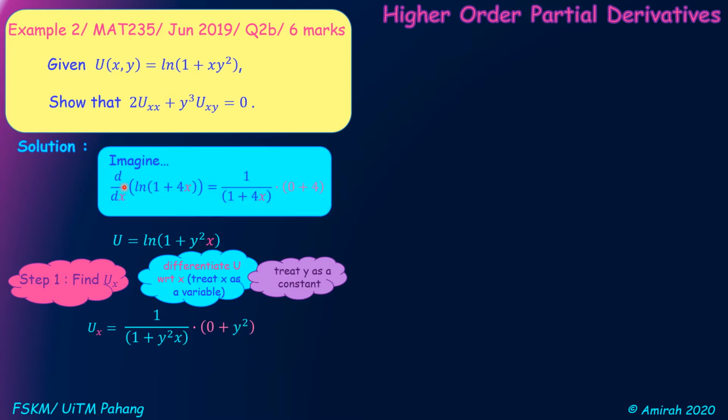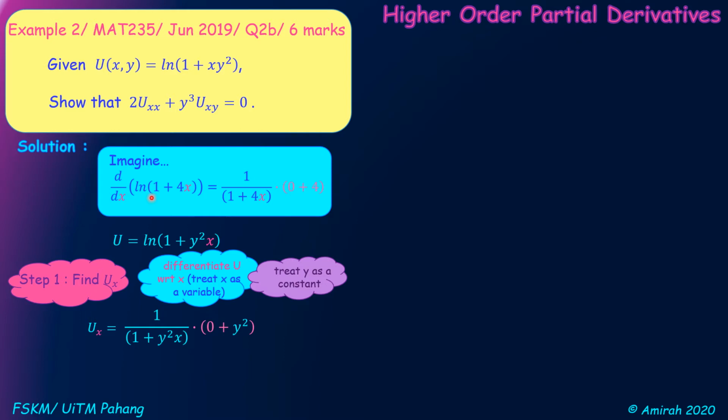Or, we can imagine, let's say we want to differentiate ln(1 + 4x). Okay, we just imagine y equals 2. So when y equals 2, 2 squared equals 4, so we get ln(1 + 4x). When we differentiate ln(1 + 4x), we have 1 over (1 + 4x), and then times the derivative of the function inside ln.